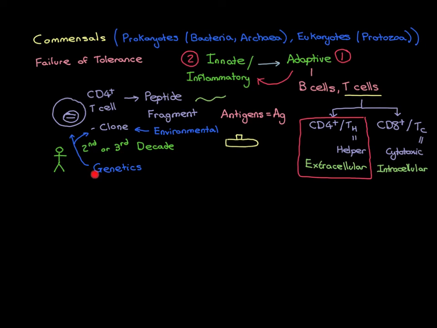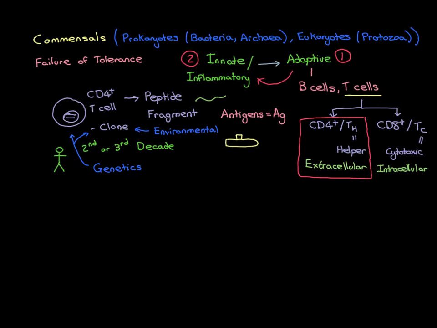So, your genetics and environmental factors determine your immune system, and by your immune system I mean which clones of CD4 positive T cells you're going to end up having within your body. And in most people, in fact, in all people, there are mechanisms to prevent you getting CD4 positive T cells that are directed against peptide fragments present within the proteins of the commensals within the intestine.